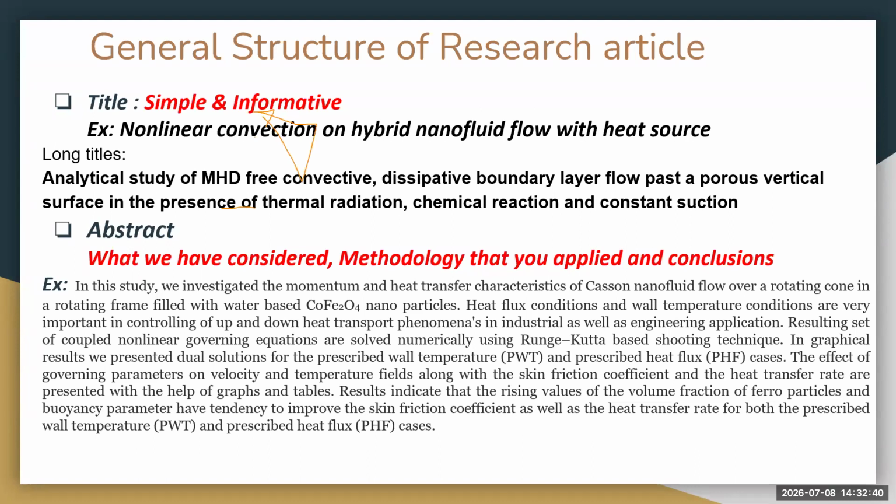That is why one should always keep the title as simple and informative as possible. Even if you observe some journals, they may put a limitation on the title; you cannot use more than a certain number of words. So if you can present the entire work you have done in its shortest form, then your work will be worthy. People will think, okay, it has been presented in a very simple way.